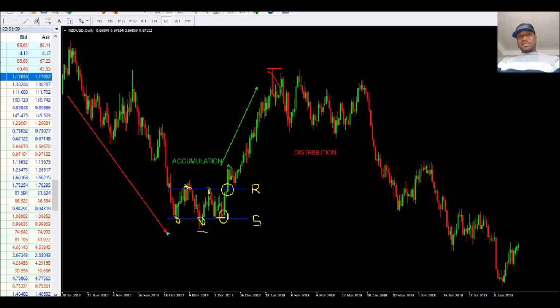Imagine you are using a trailing stop. Your trailing stop might just take you out somewhere here, right? So it is very important if you are trading 4 hour or swing trading or daily candles, try to make sure that you use a trailing stop to trail the market, and that way you will make money from the market.